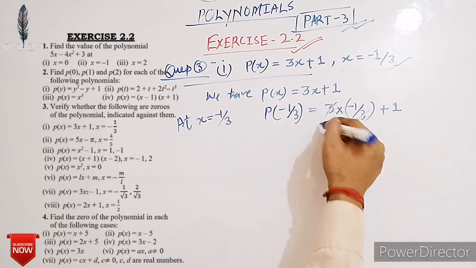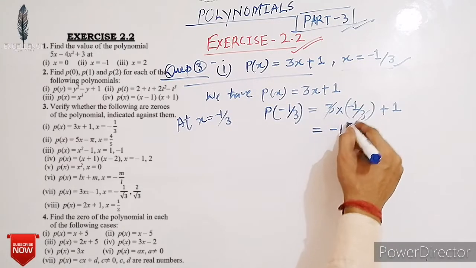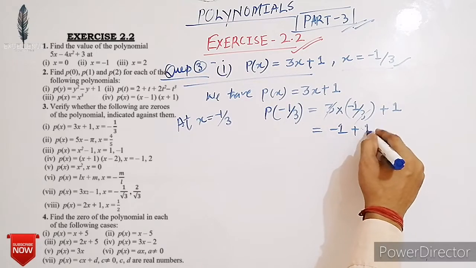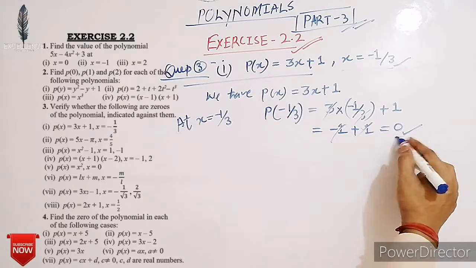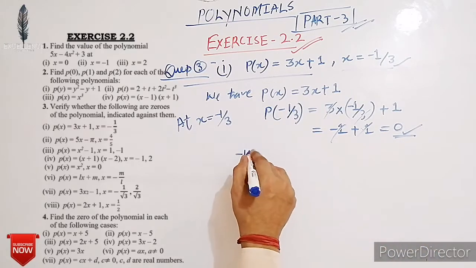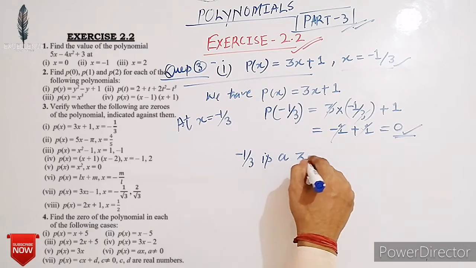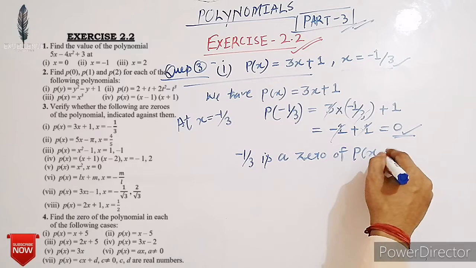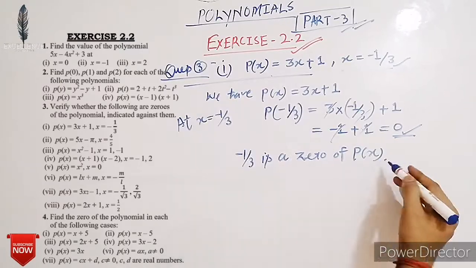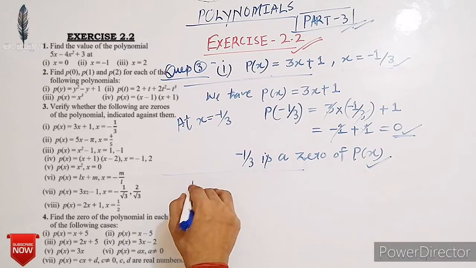Here 3 cancels. Here -1 + 1. Here we get 0. So -1/3 is a zero of p(x). Here we get 0. So -1/3 is a zero of p(x).